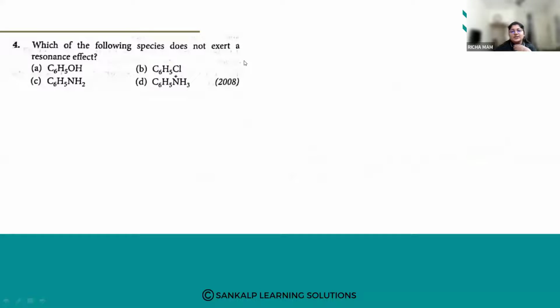Which of the following species does not exert a resonance effect? First one is your phenol.